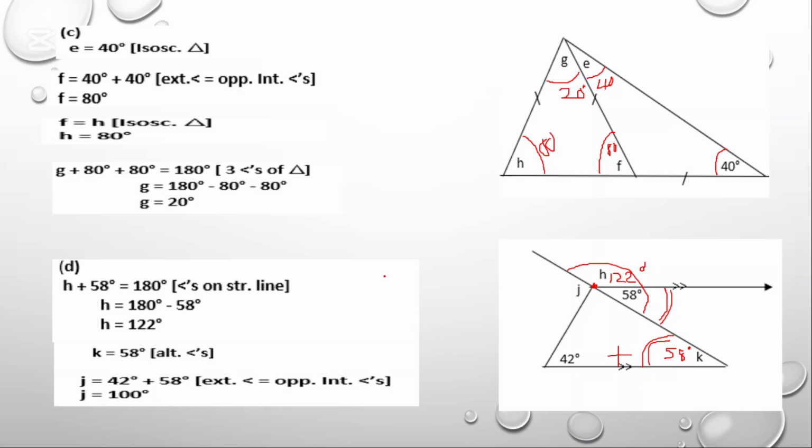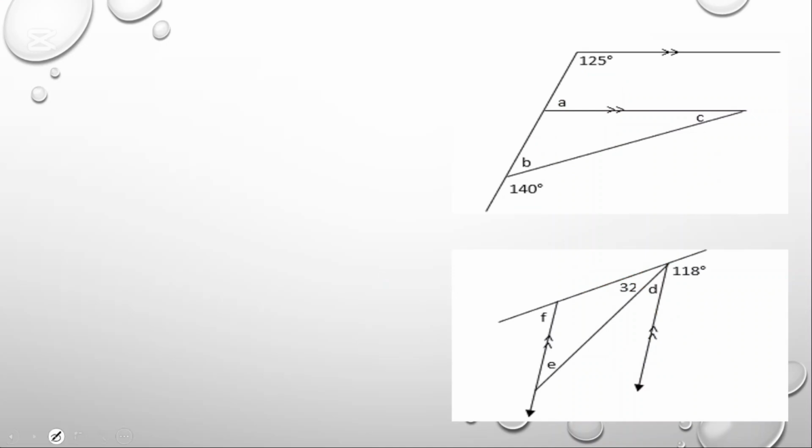Next one, over here. Again, two parallel lines. We have one triangle here. Okay, so parallel line, transversal to the parallel line, transversal to the parallel line.